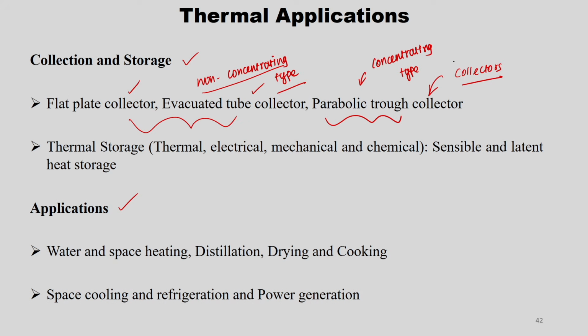Both work on the same principle: a black surface absorbs the solar radiation. Both collectors work in a temperature range of around 40 degrees centigrade to 100 degrees centigrade.